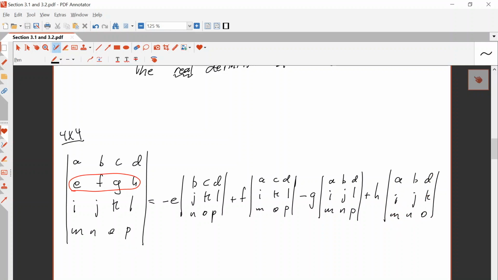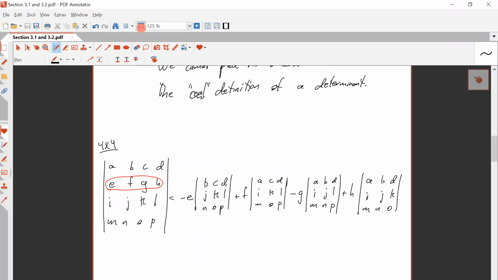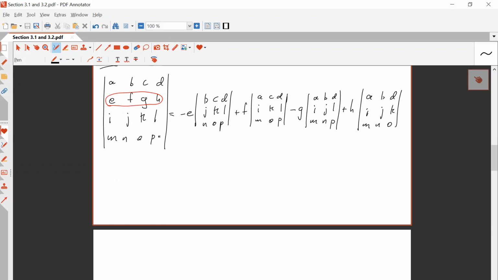And you can do that cofactor expansion around any row or column, and it doesn't change the value of the determinant.